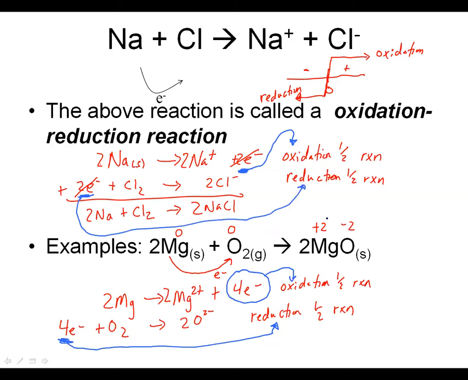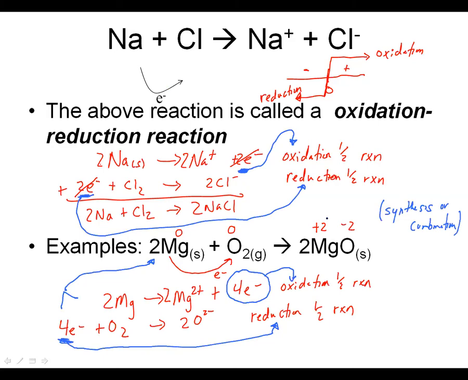And if we add these back together, we will get the overall reaction. So these both can be classified as redox reactions. As we will see a little later in this chapter, they can also be classified another way as a synthesis or combination reaction. And again, there are multiple ways to classify the same reaction.